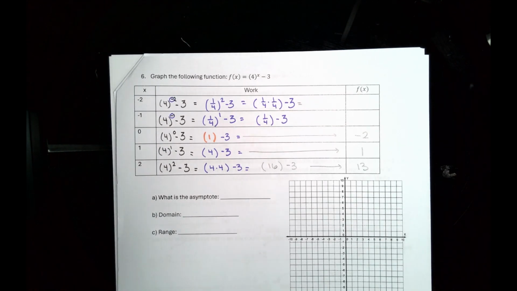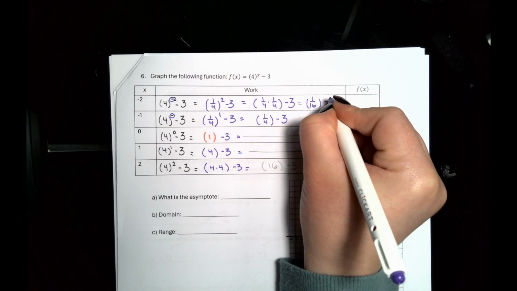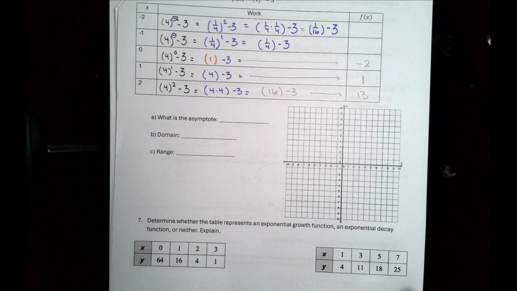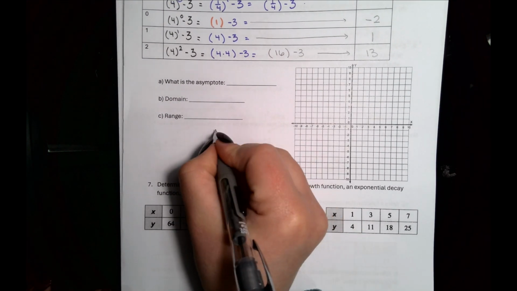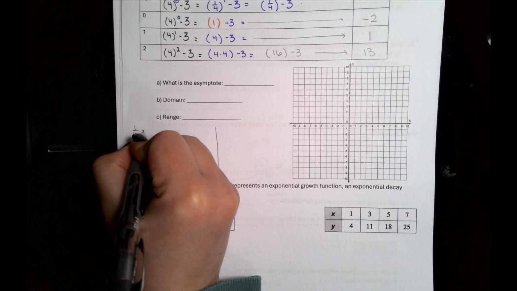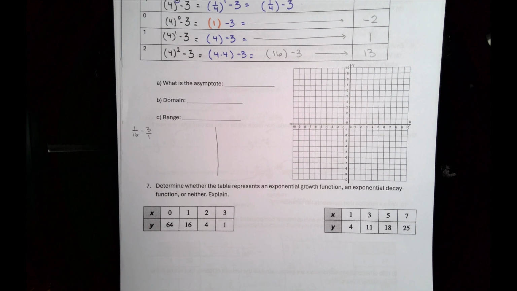Now we do have to deal with these, and I am asking you to do this without a calculator. 4 times 4 is 16, so I'm asking you for 16 minus 3, and I'm asking you for 1/4 minus 3. I'm going to shift this a little bit higher so you guys can see. I'm going to use this space for work, and I'm going to separate this out. First one we have is 1/16 minus 3. I'm going to write 3 as 3 over 1. We do need common denominators.